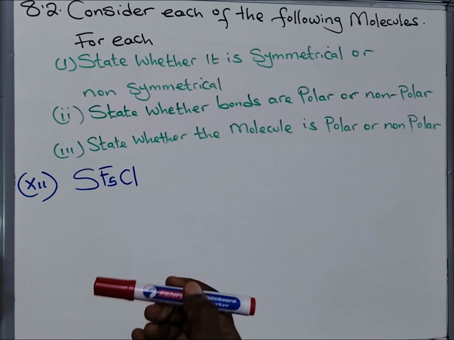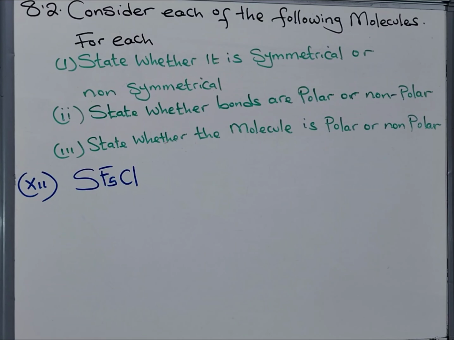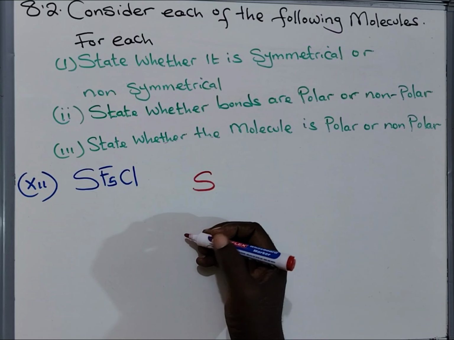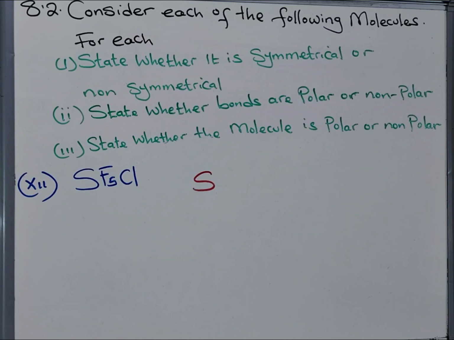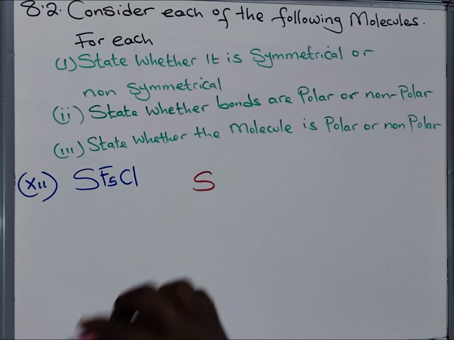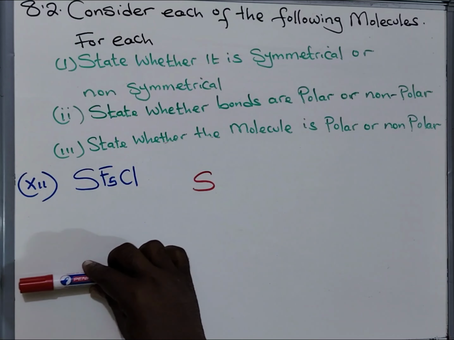Yeah, then we come to this molecule. So how do you approach this molecule? This is what we have. You have sulfur as our central atom. Okay? Sulfur belongs to group 6 or group 16, having 6 valence electrons.